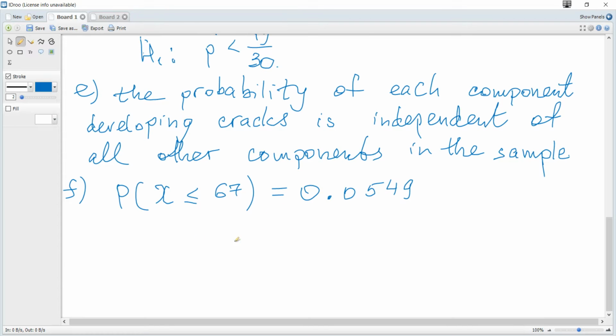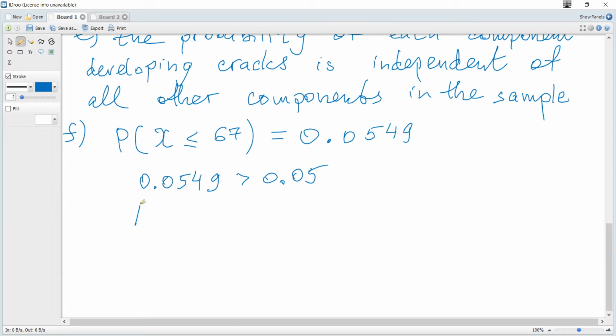It's the p-value. And then, as usual, we compare it with the significance level. It's 5%, so we can see that it's greater than 5%. And the conclusion: we accept H0, or do not reject H0.